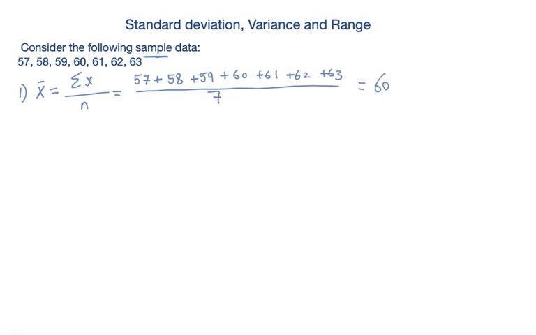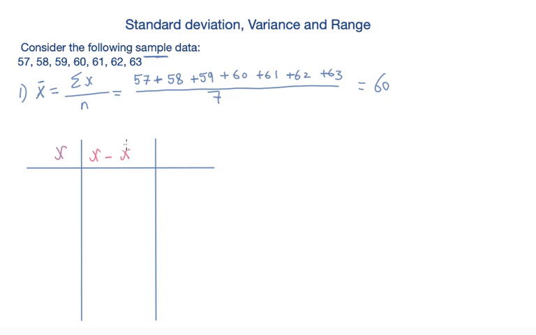What I recommend you next to do is to make a table. So let's make a table together. The table should consist of 3 columns, in which the first column is going to be the data we have, so X. The second column is going to be every data point minus the mean of the sample, while the third column is going to be data minus the mean, all squared, which is basically the second column squared.